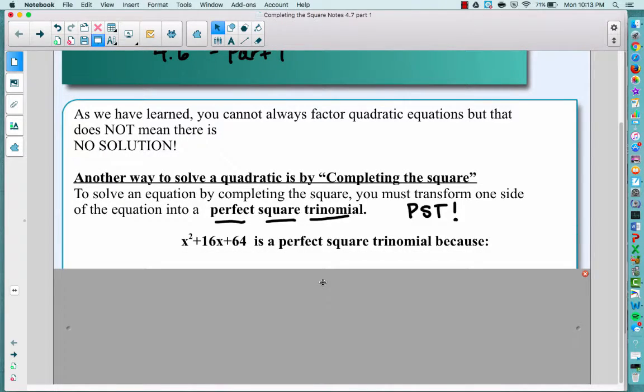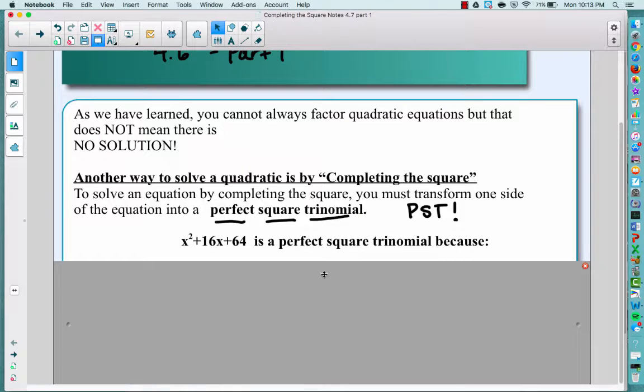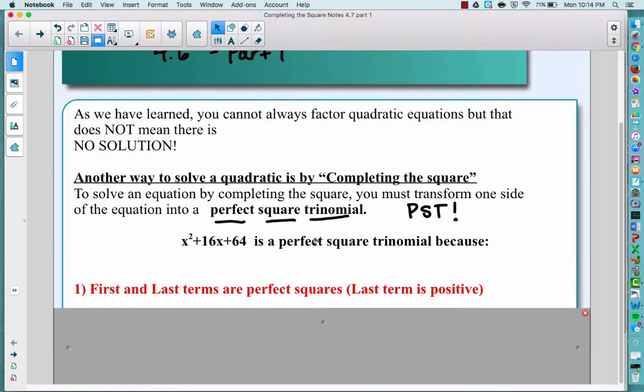Well, x squared plus 16x plus 64 is a perfect square trinomial. I call it a PST because the first and the last terms are perfect squares. The first term is a perfect square and the last term is a perfect square, and that last term is positive. It's got to be positive.